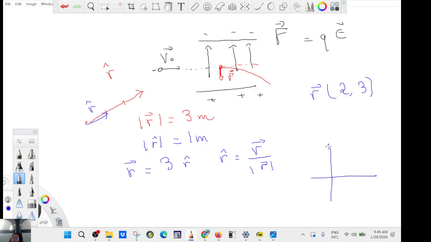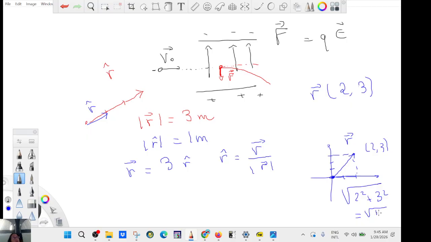That means the vector, you start from the tail. So here, 1, 2, 1, 2, 3. So that's going to be 2, 3. The vector will be this. That will be your vector r. The magnitude is the square root of 2 squared plus 3 squared.